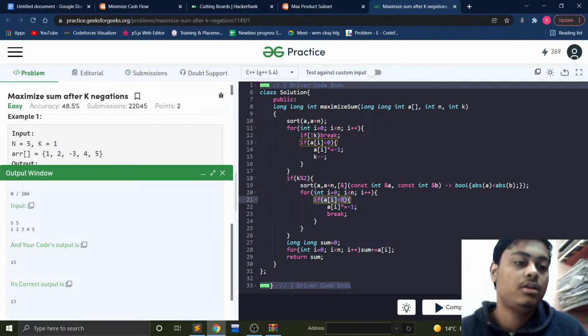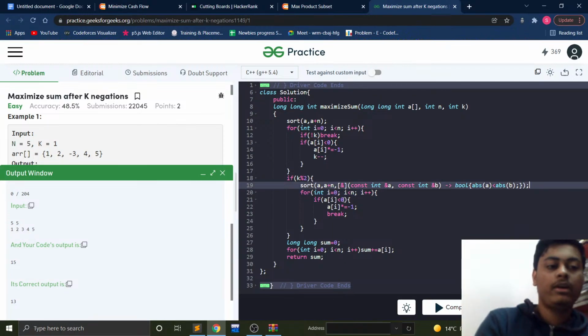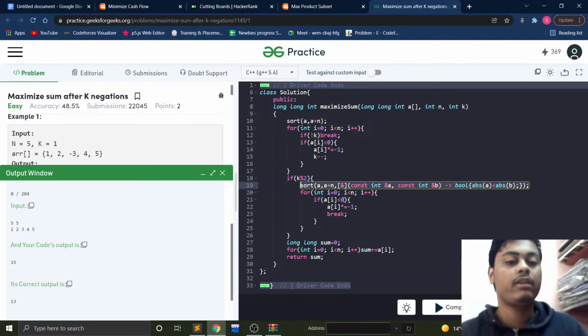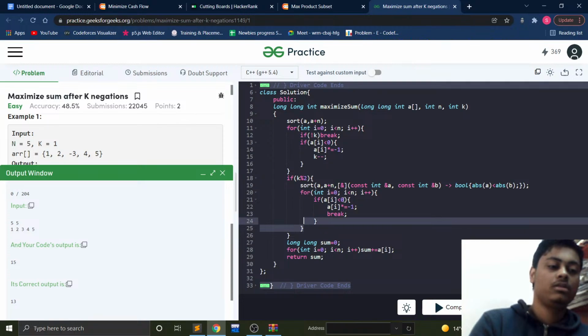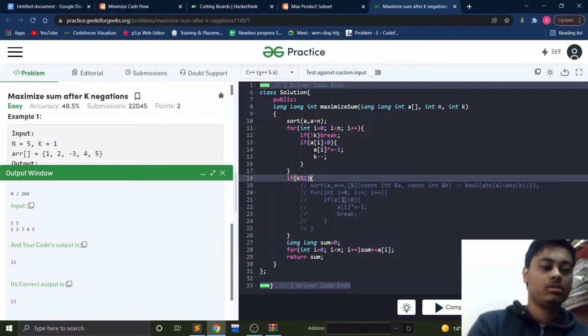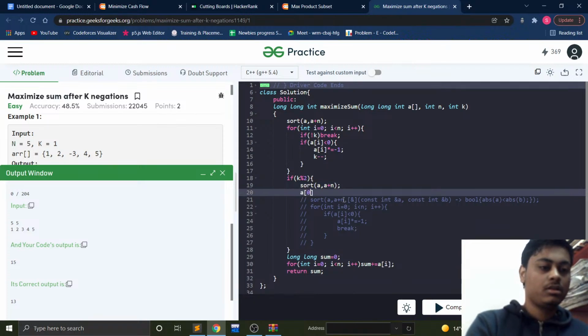So if k is remaining, then sorting it this way is equivalent to normal sorting, because I have only positive numbers. Just negate the 0th element, right? Just take the 0th element and negate it. 5 5 1 2 3 4 5.